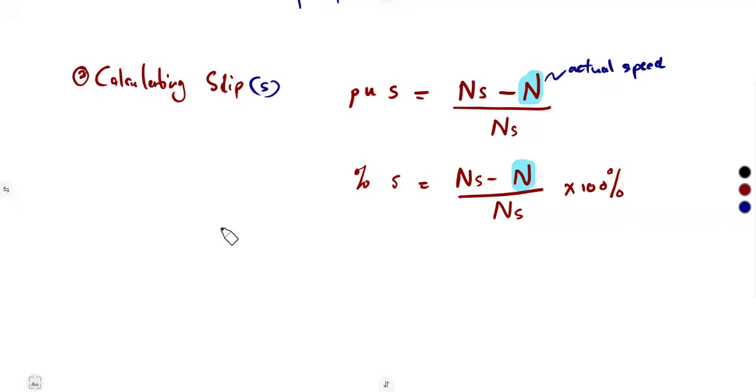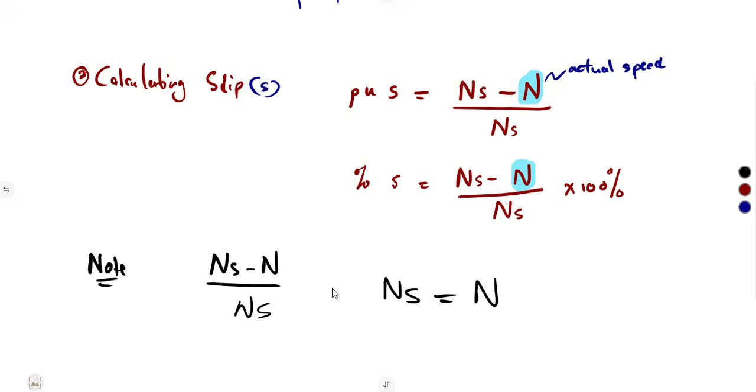We are also going to consider our slip being affected on a condition where these two are simply the same. Let's say we have NS minus N over NS, and these two are equal, NS is equal to N. What is going to happen if they are equal?